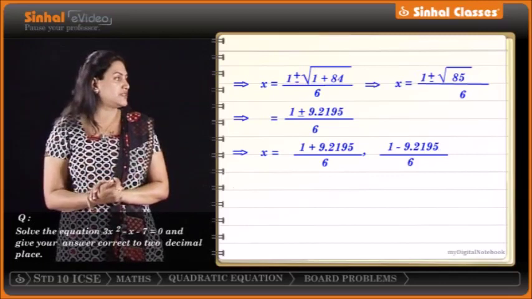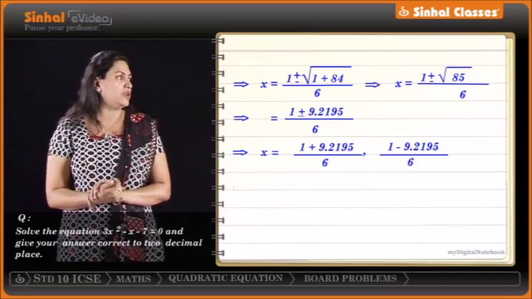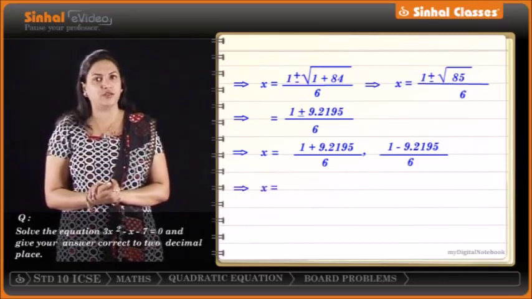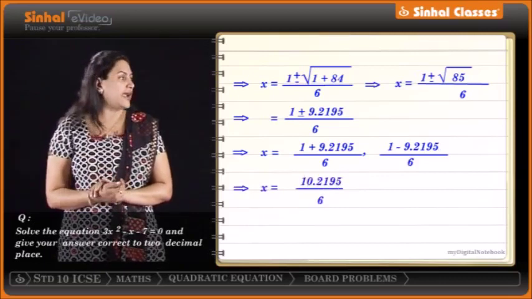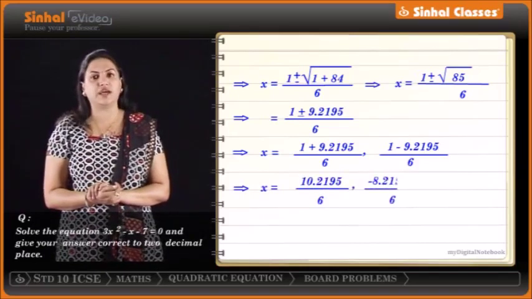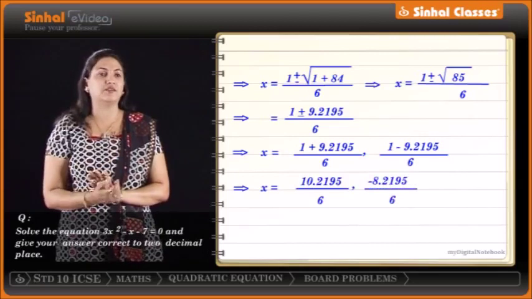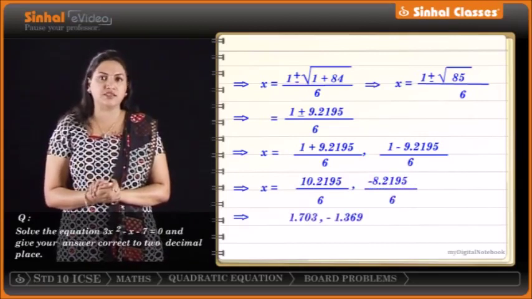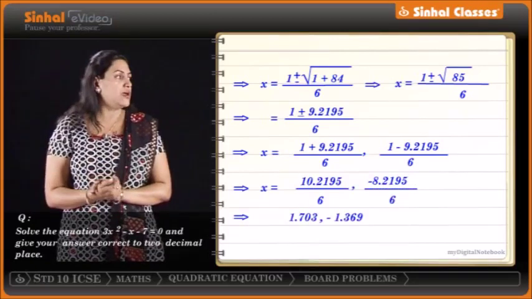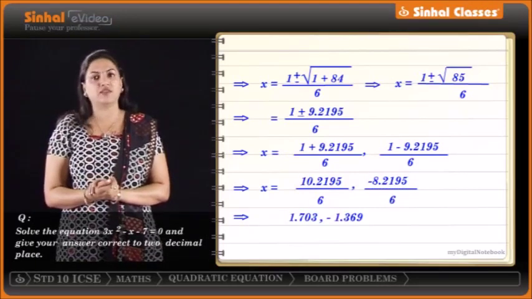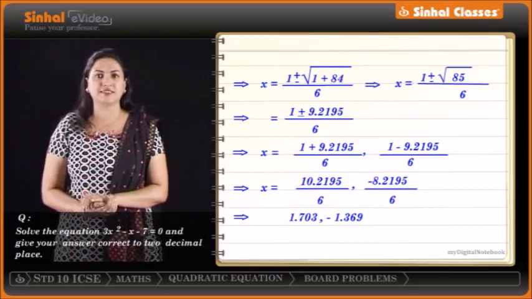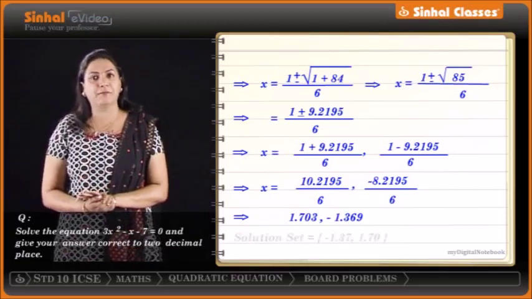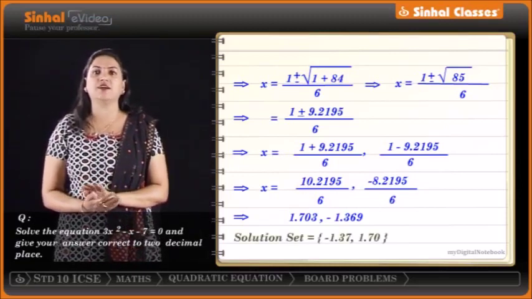Now we simplify this as 10.2195 upon 6 or minus 8.2195 upon 6. Now divide this, we get 1.703 or minus 1.369. So the solution set becomes minus 1.37, 1.70.